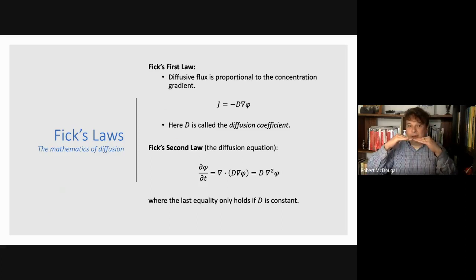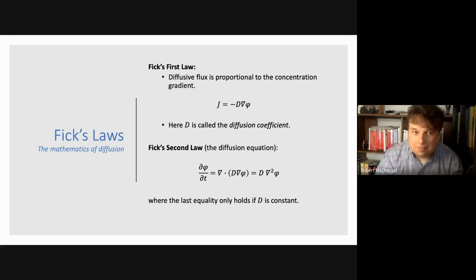The amount of diffusion that I get is going to be proportional to the difference. The rate at which molecules move on net is going to be proportional to the gradient. That makes sense? And yeah, that got him a law named after him.